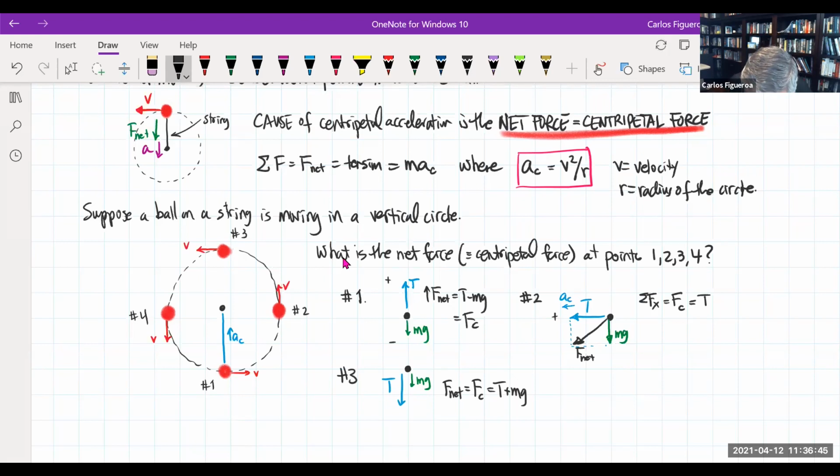And when I get to point 4, you can see that point 4 is going to be very similar to point 2, but this time it got turned around. So you're seeing that this is the direction of the tension. I'm getting mg coming down. So there is a force, a net force that's down in this direction right here.